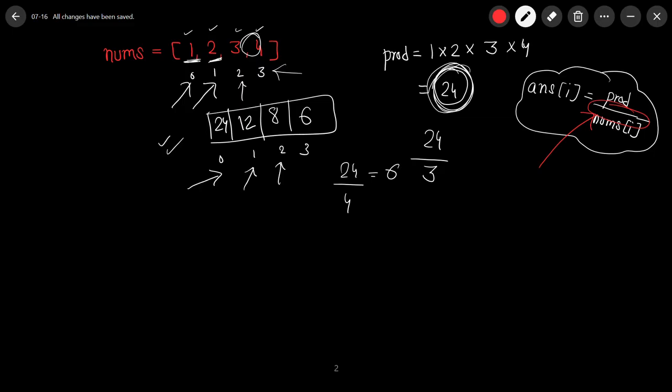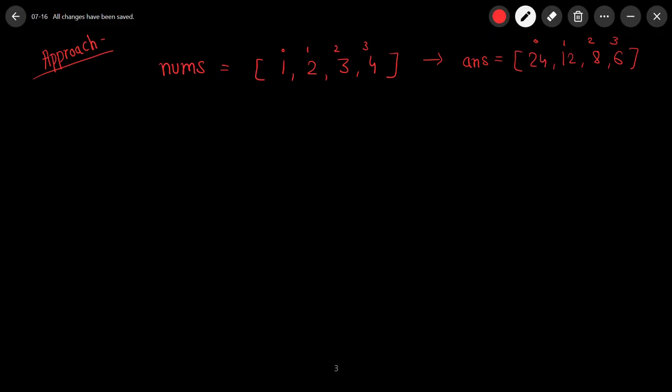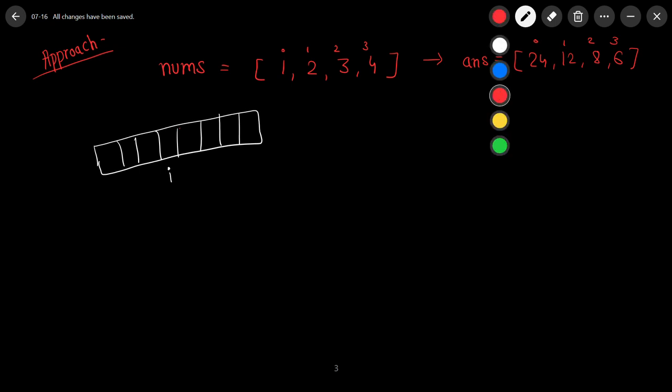Let me show you the intended solution and the approach. I have written the test case again. Let me first generalize this. Suppose we have a big array nums, and suppose we are currently computing answer of i. We need to find out what the answer of i will be.